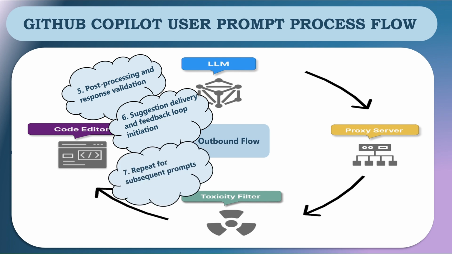And the last step is to repeat for subsequent prompts, so that the whole process is repeated as you provide more prompts, with Copilot continuously handling user requests, understanding their intent, and generating code in response.